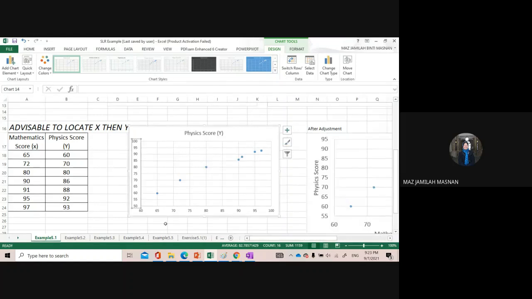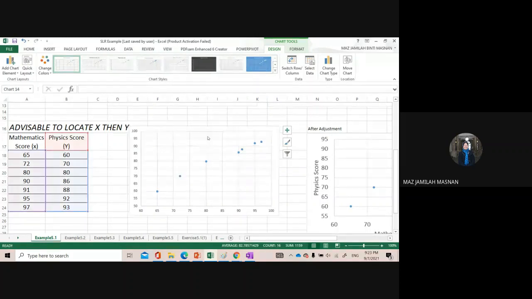You will have this particular scatter plot, which is much better, and you can see clearly from the beginning of your minimum value to your maximum value. Since I don't want to have any title, you need to add the axis titles for X and Y.